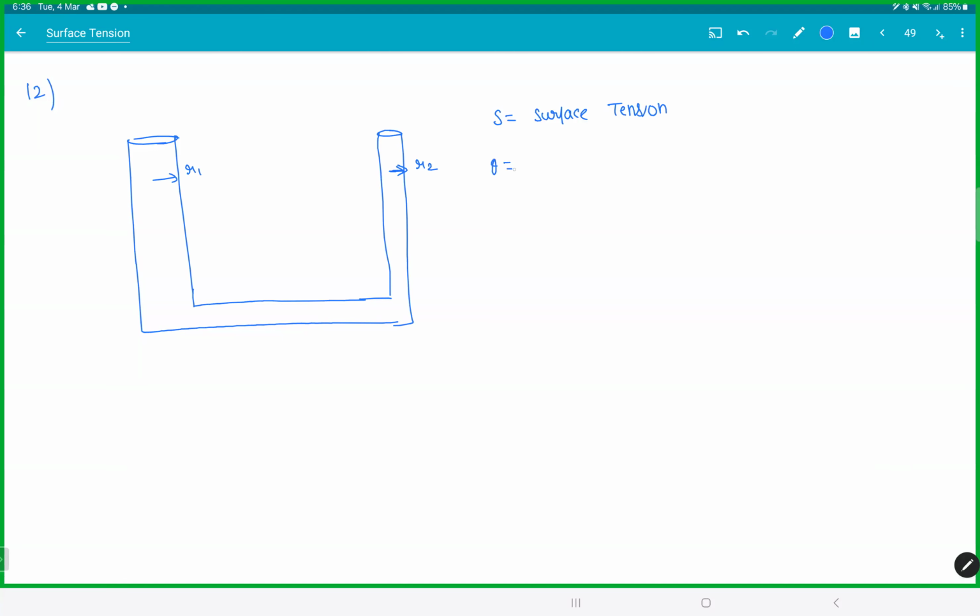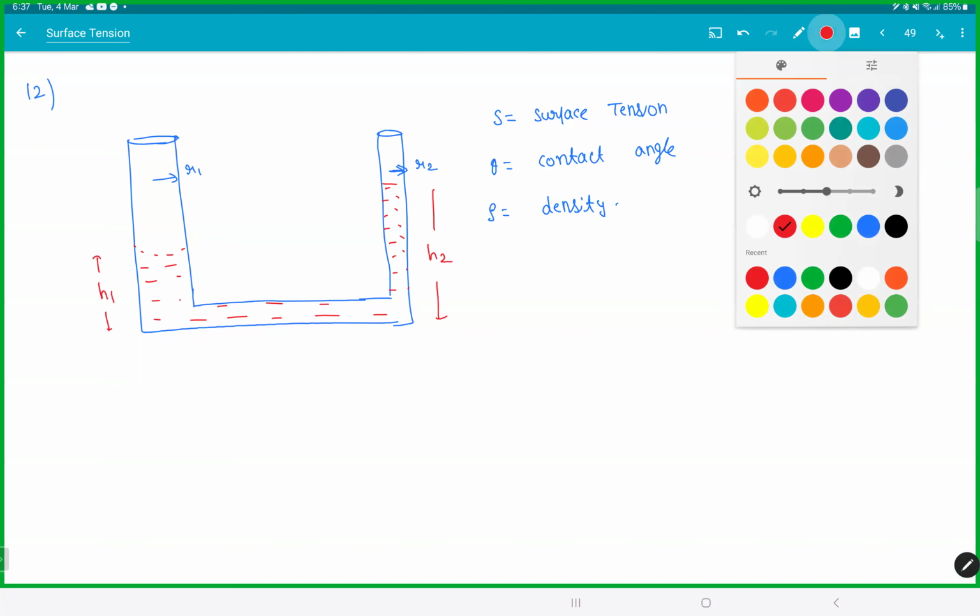Theta is the contact angle. Rho is the density. So when you pour liquid into this, this is H2. This is H1. Find H2 minus H1.